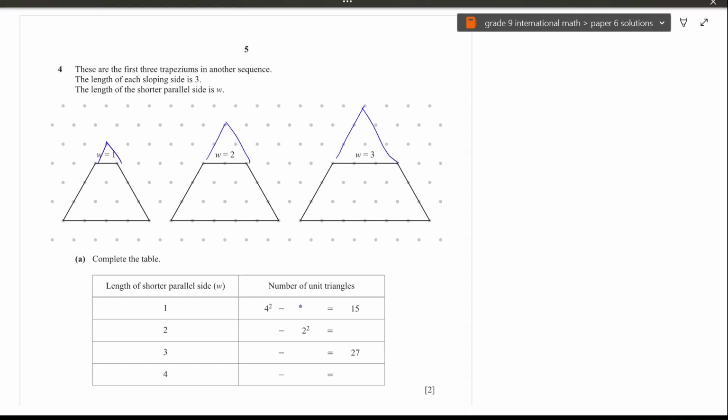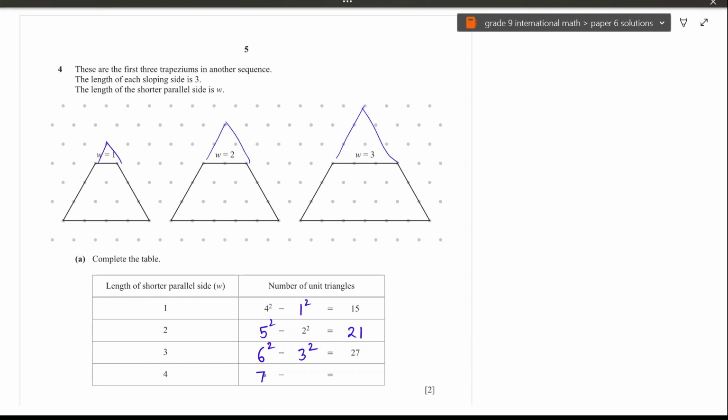So I can say this is 4 square minus 1 square, which gives me 15. This is 5 square minus 2 square. So 25 minus 4, that's 21. Then the third one is 6 square minus 3 square. So that gives me 36 minus 9, which is 27.